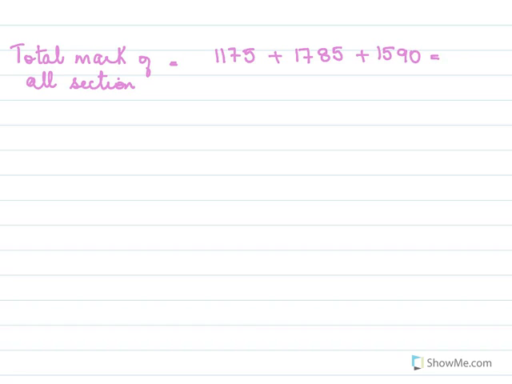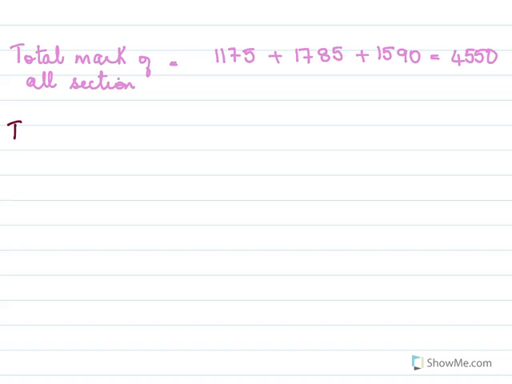So total marks of all the classes, of all sections, that is A, B and C, will be 1175 that was for A, 1785 was for B, and 1590 was C, and the total comes 4550.